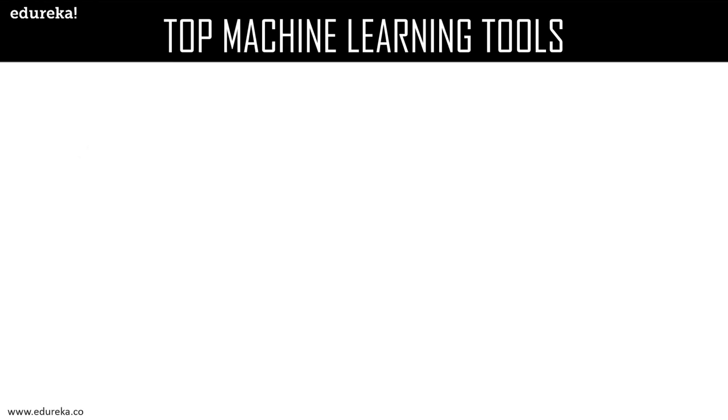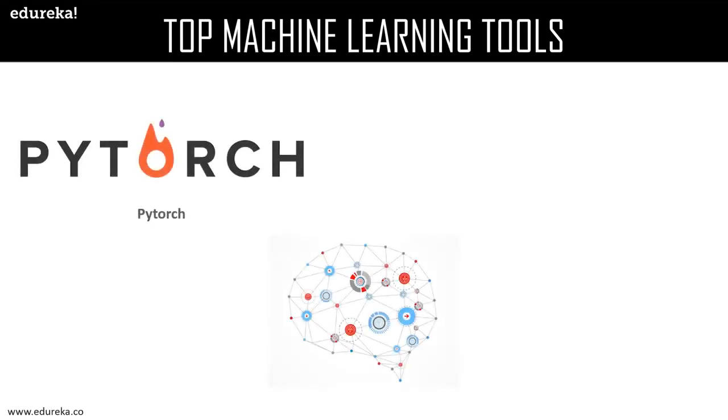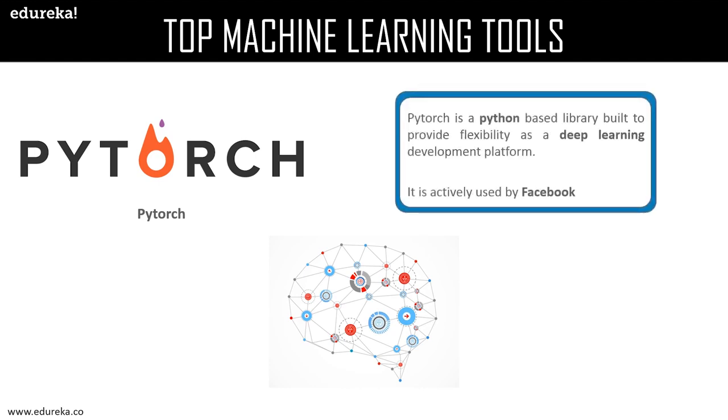Now next we have a library which is one of the biggest rivals of TensorFlow, which is PyTorch or Torch. PyTorch is a Python-based library built to provide flexibility as a deep learning deployment platform. The workflow of PyTorch is as close as you can get to the Python scientific computing library, NumPy.